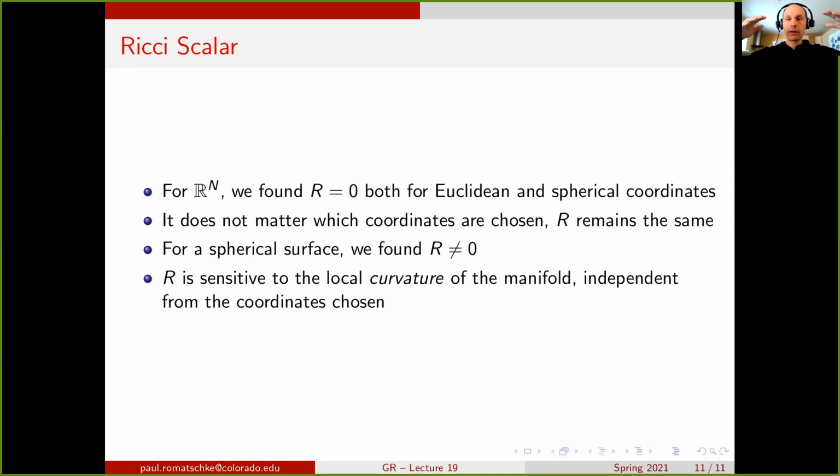But if the radius of the sphere becomes very small, then the Ricci scalar becomes larger and larger because you're going to the direction where your spherical extent is very, very small, and the curvature becomes larger and larger. And that concludes the present lecture, and we'll try to find more results from these field equations that we talked about in the next lecture.